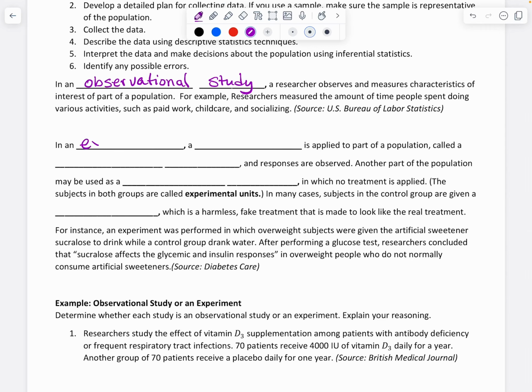The other one that you've probably heard of before is to use an experiment. So in an experiment, we have a treatment that we actually want to see how it works. That treatment is applied to part of a population, which we call the treatment group.